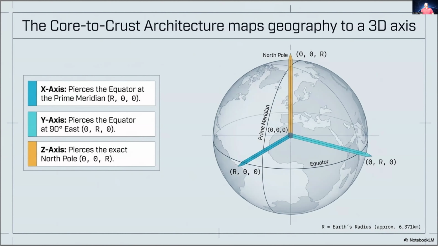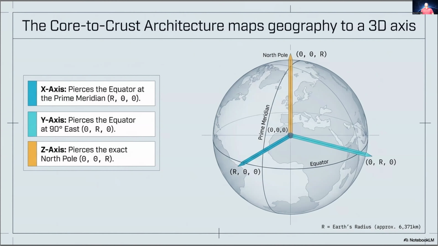We go for longitude 90 degrees east, where y equals r, but longitude west is minus r in the y.